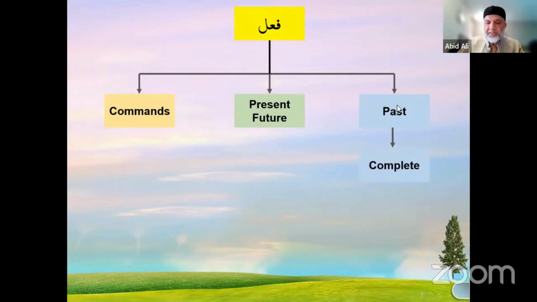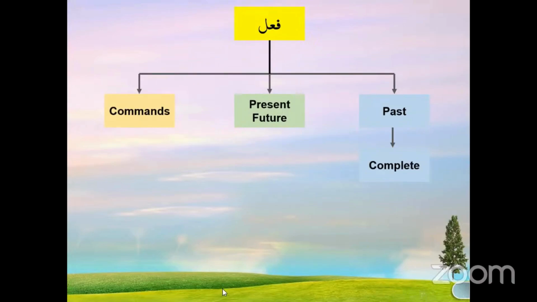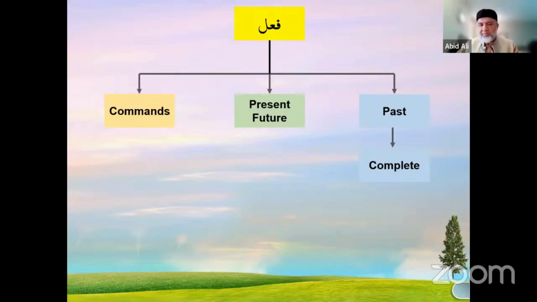So when a fail is past, something is completed, then we know that the action has been completed. If I say I ate dinner last night, is that action complete, or is it still happening? It's complete. So something that happened in the past is a complete fail.